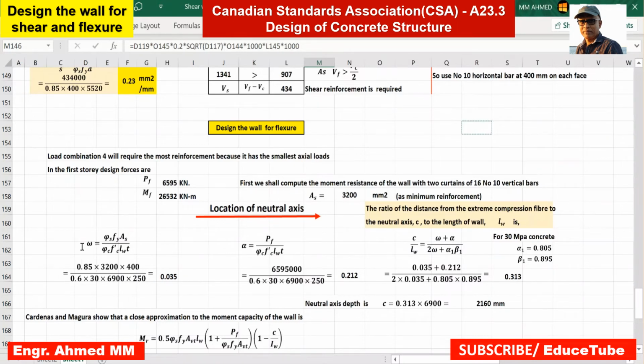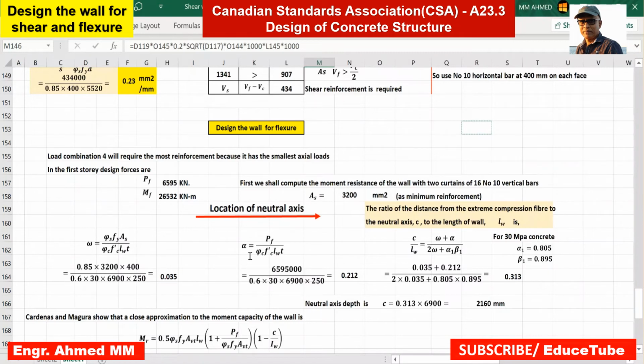So omega, if you look at the right hand side, you will see all these parameters are related with steel, phi s, fy s. And here it is related with concrete, phi c, f prime c, lwt. This is the cross section of the shear wall. So once we get this ratio, it is omega.